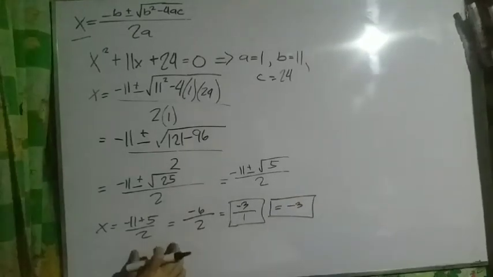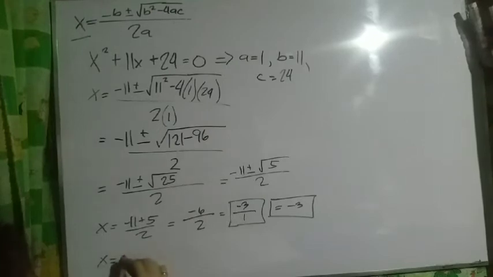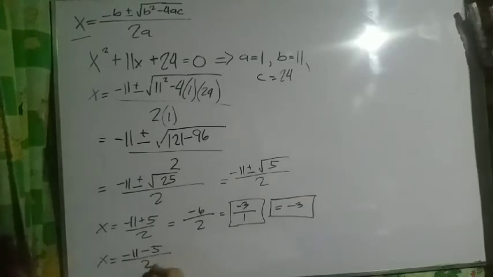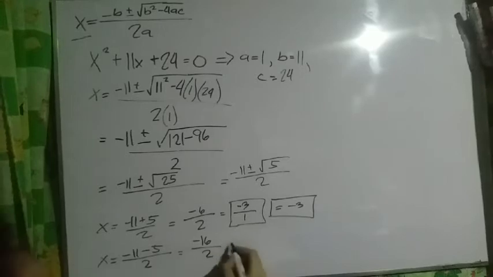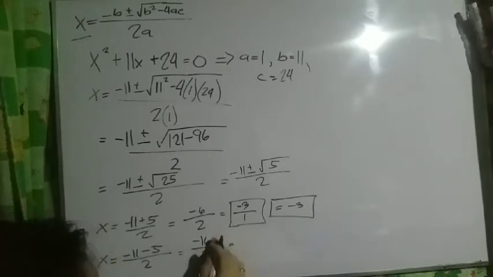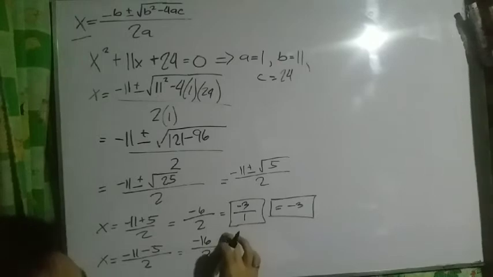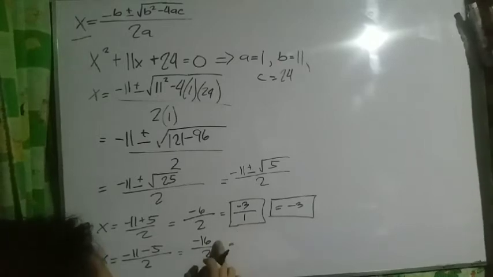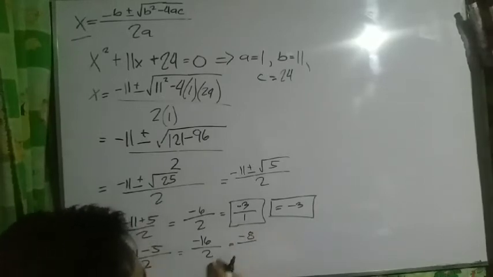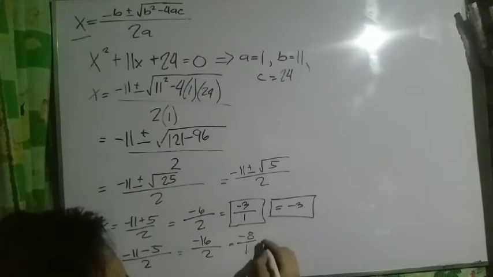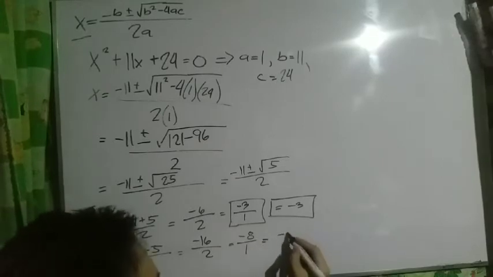And for the last step, x equals negative 11 minus 5 over 2. So negative 11 minus 5 is equal to negative 16. Just copy 2, over 2, and simplify it. Negative 16 divided by 2 is negative 8, and 2 divided by 2 is 1, or just simply write negative 8.